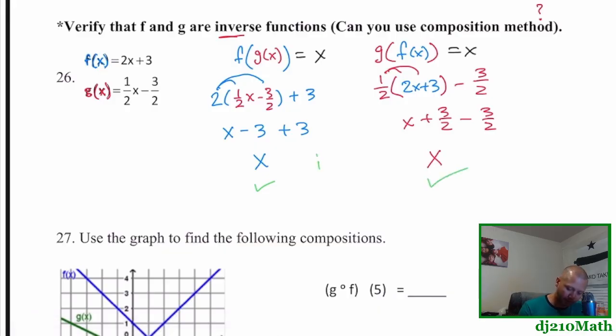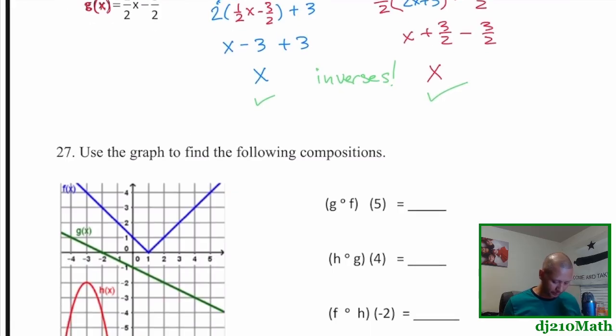So they are inverses. We showed it. We proved it. We composed them both directions, and x came out both times. So that's what it means to verify. That process right there, you've got to be able to do that. You might need to rewind that and watch it a couple times.